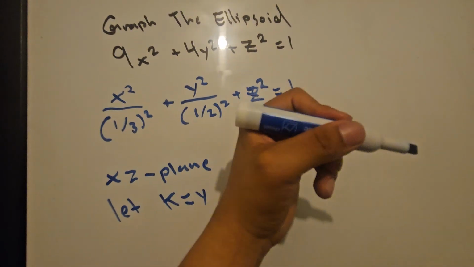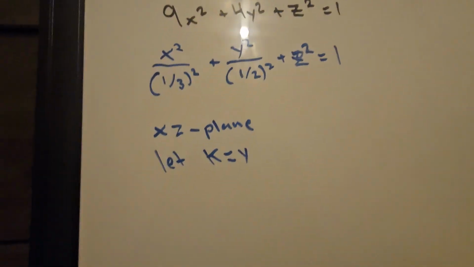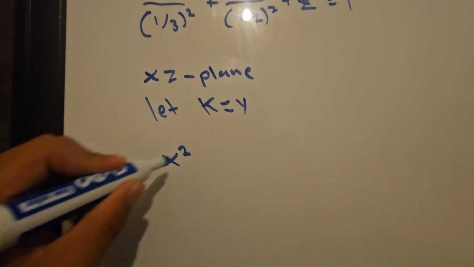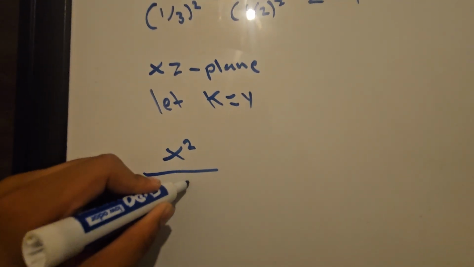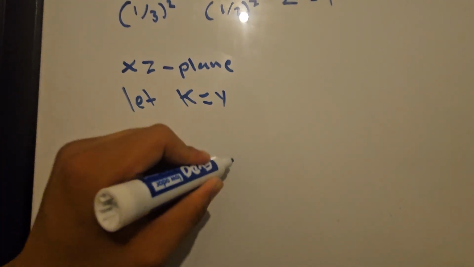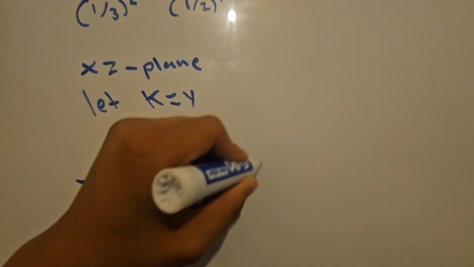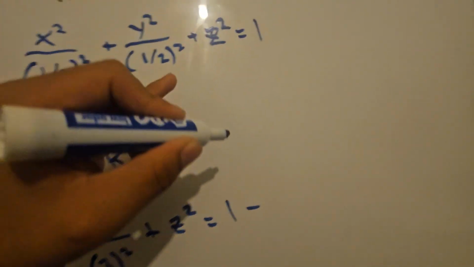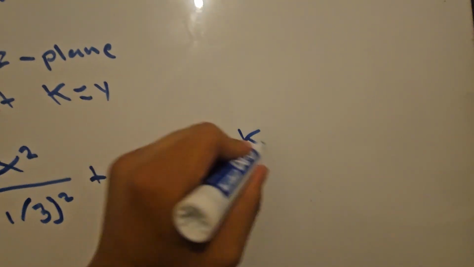We're going to subtract from both sides, and remember y turns into a k, so that's x squared divided by 1/3 squared plus z squared equals 1 minus this k, but remember y turns into k.